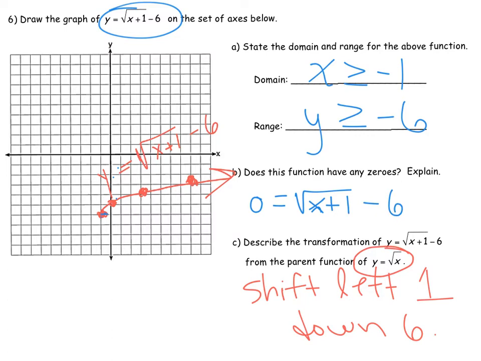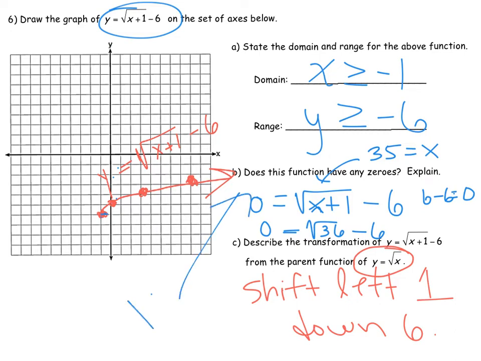If x were to equal 35, then 35 plus 1 is 36, and the square root of 36 is just 6. So if I take the square root of 36 and subtract 6, I get 6 minus 6 equals 0. Therefore you actually do have a zero at x equals 35.